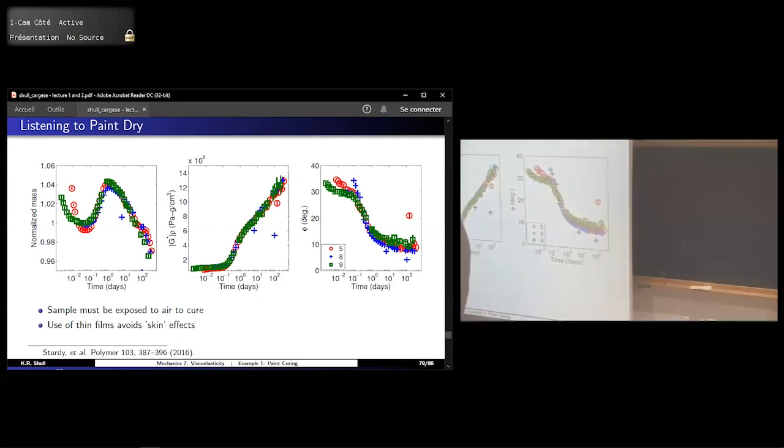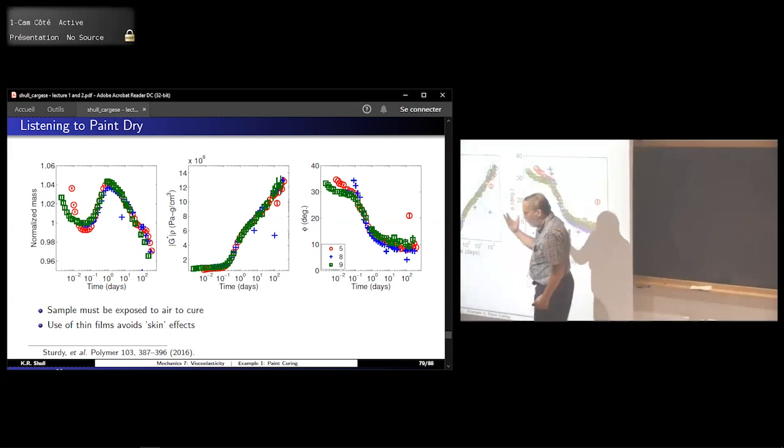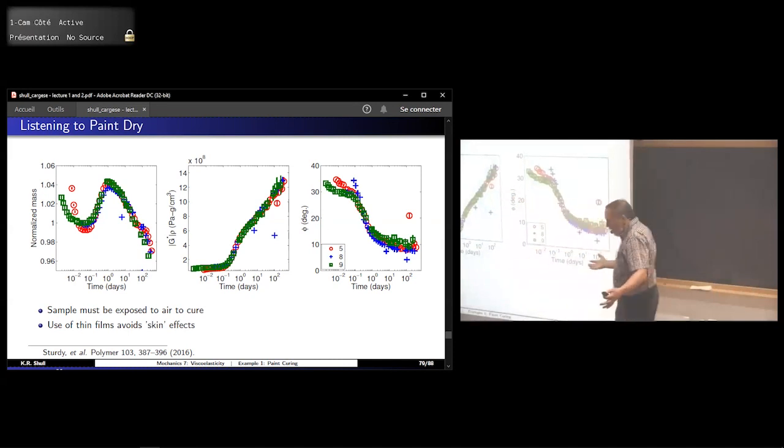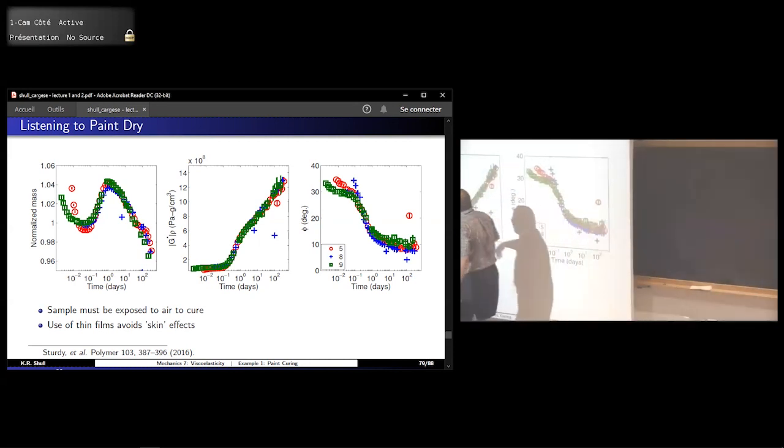The interesting thing here is around a day. That's when the paint is dry to the touch. And you see this mass increase is actually oxygen incorporation into the film. And then there's all sorts of volatile compounds that come out. So if you paint your floor with an alkyd paint, you smell it for a long time because of these things that are coming out.